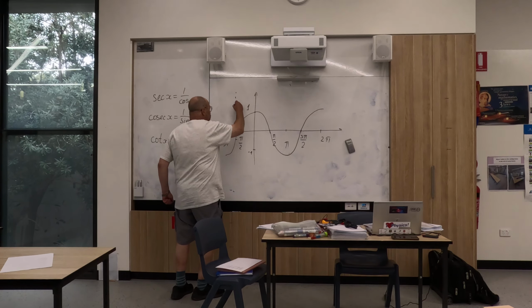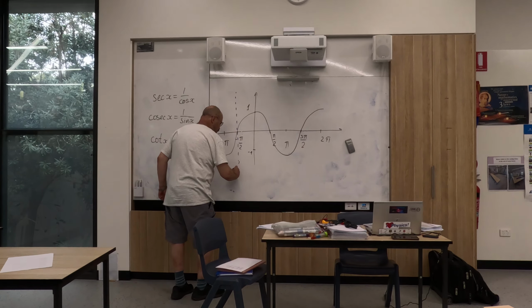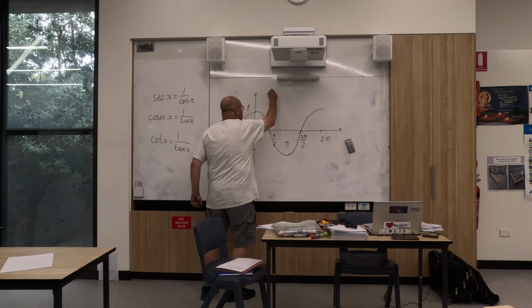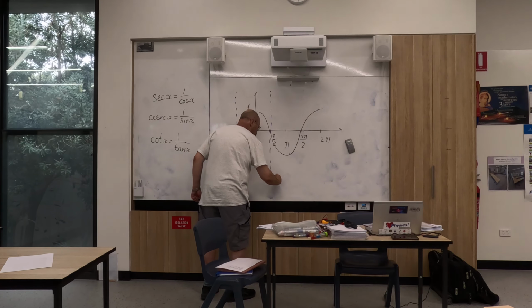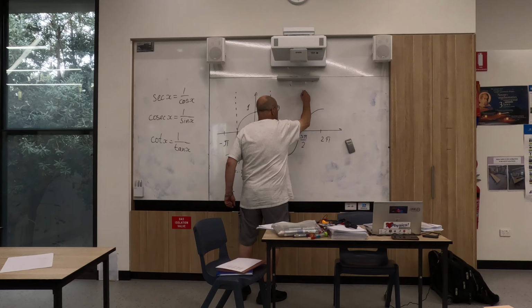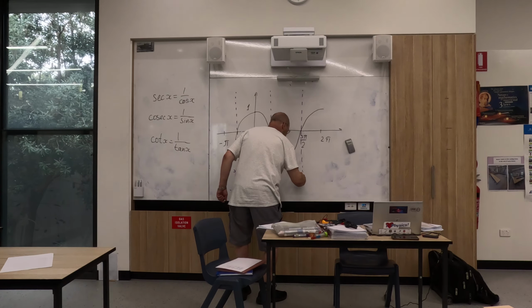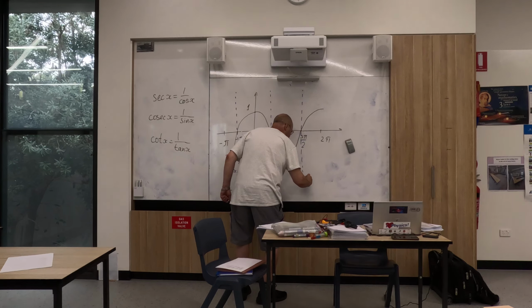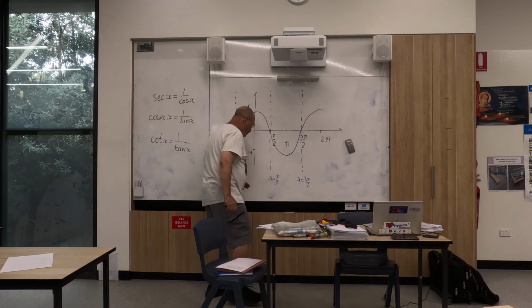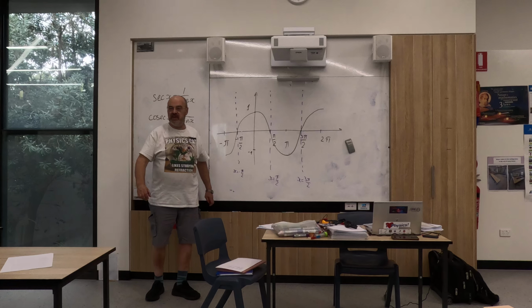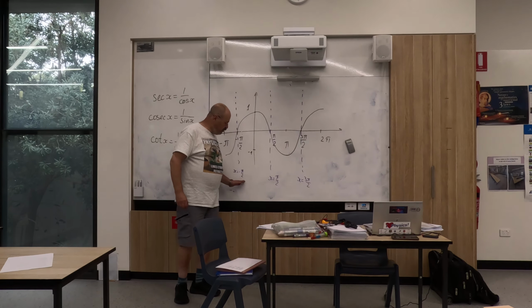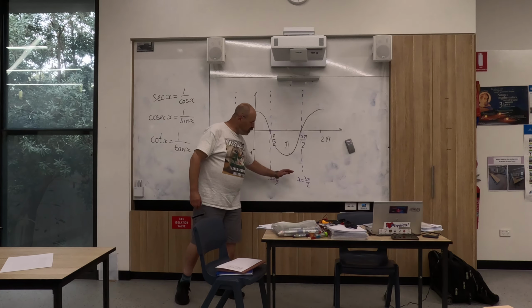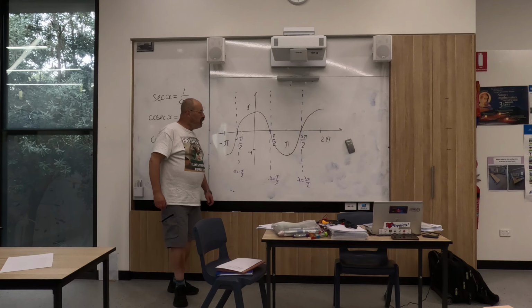So we'll have asymptotes x equals negative pi on 2, x equals pi on 2, and x equals 3 pi on 2. So we have the asymptotes repeating themselves every pi.